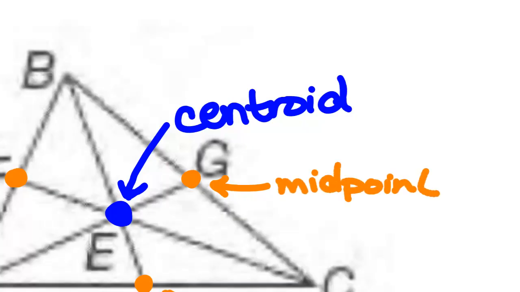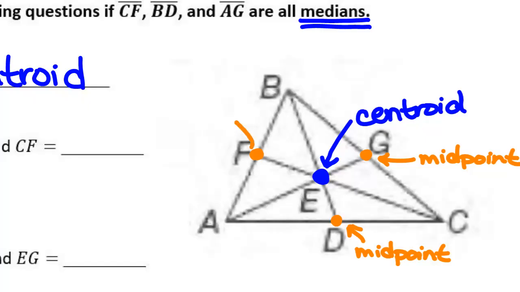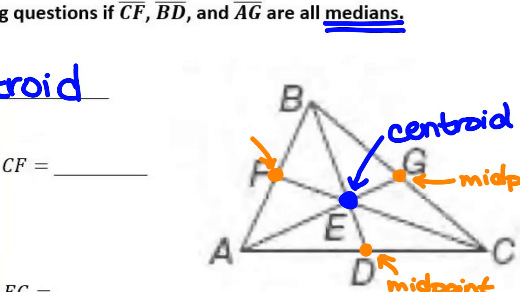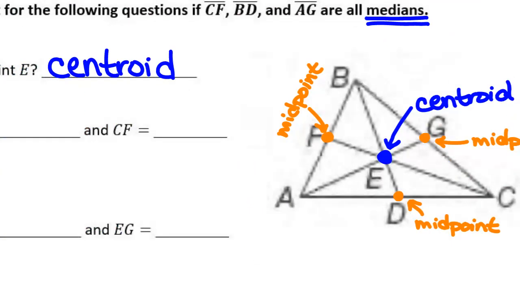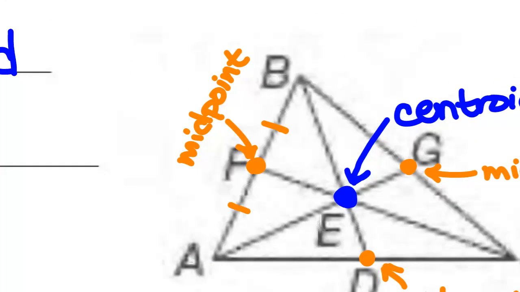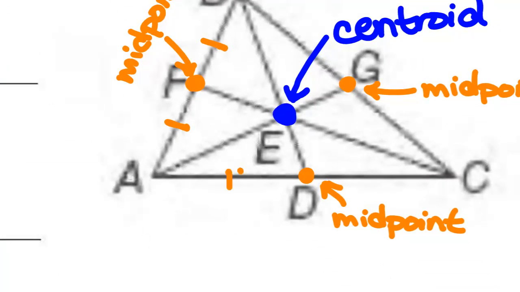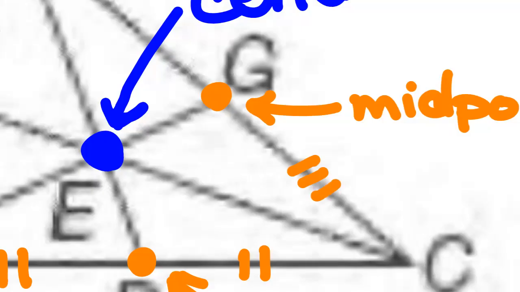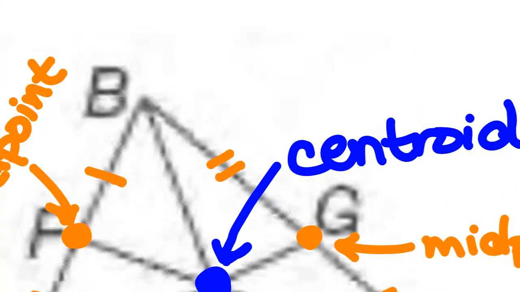This is a midpoint. And this is a midpoint. So BF is congruent to AF. AD is congruent to CD. And CG is congruent to BG.